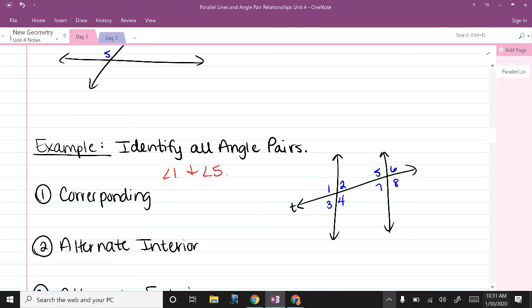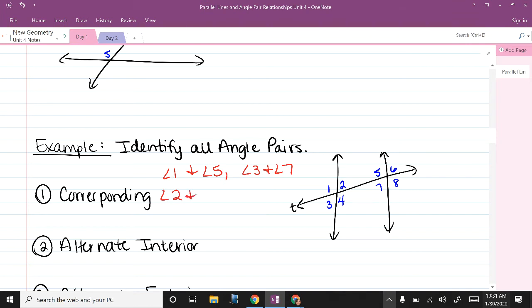All right. There's a lot more. Let's just go with angle 3. What corresponds with angle 3? Angle 7. Do y'all see how those are in the same position? Angle 3 and angle 7. All right, let's just keep going. What about angle 2? Angle 2 goes with angle 6. Do y'all see what I'm doing? They're in the same spot.